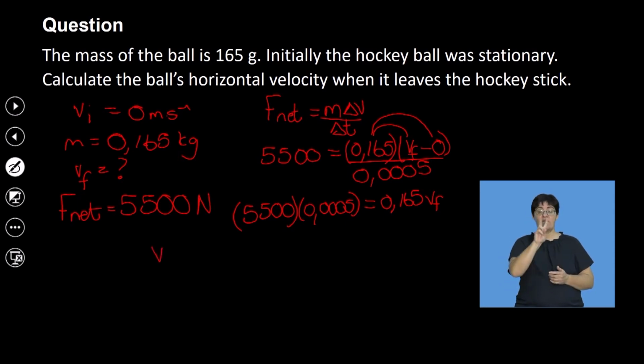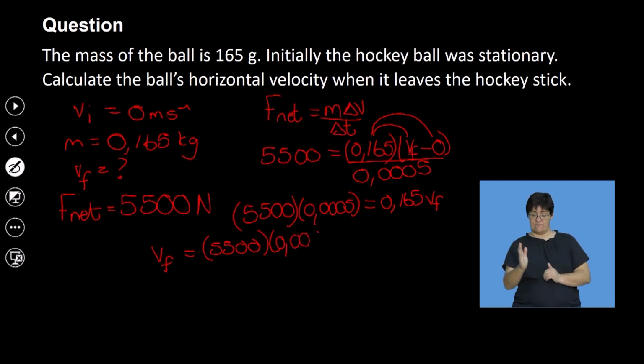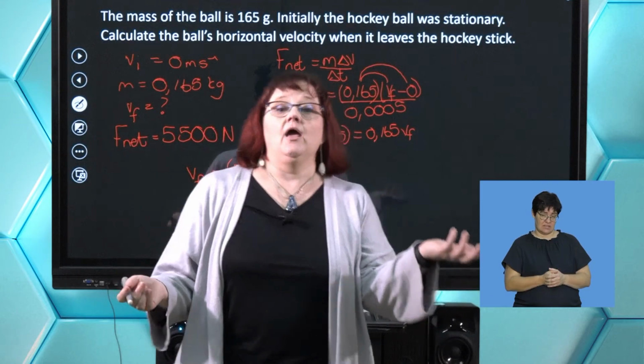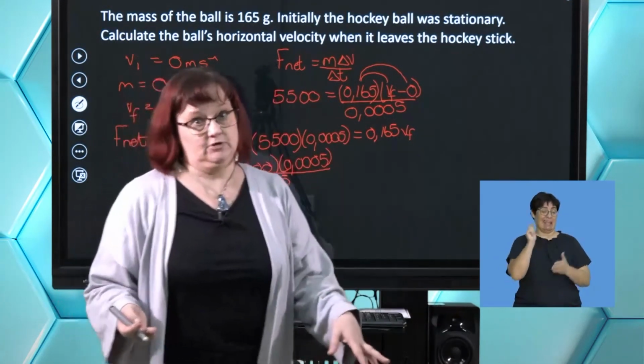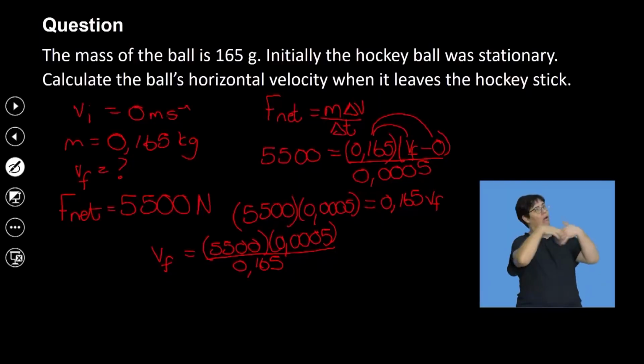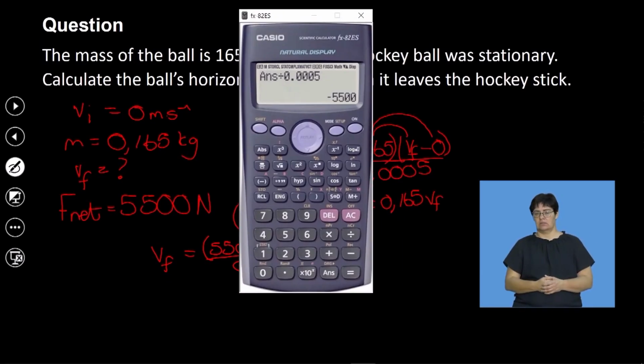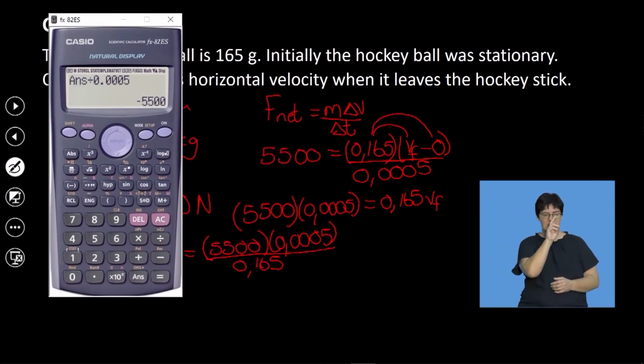So VF is going to be 5,500 times 0,005 divided by 0,165. I've got it into a format that now I can put on my calculator. And we absolutely need to put this on our calculators, okay? I can't do this in my head. So let's just put the calculator over here so we can see all my numbers.